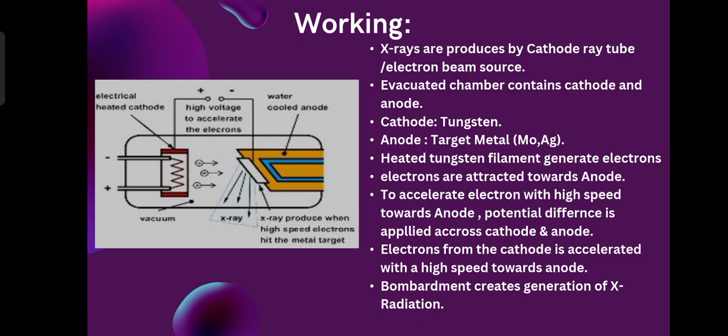Now in order to accelerate these electrons with a high speed onto the surface of the anode, the anode is applied with a high potential, because of which the positivity of the anode is increased and the electrons will now accelerate at a very high speed towards the anode.